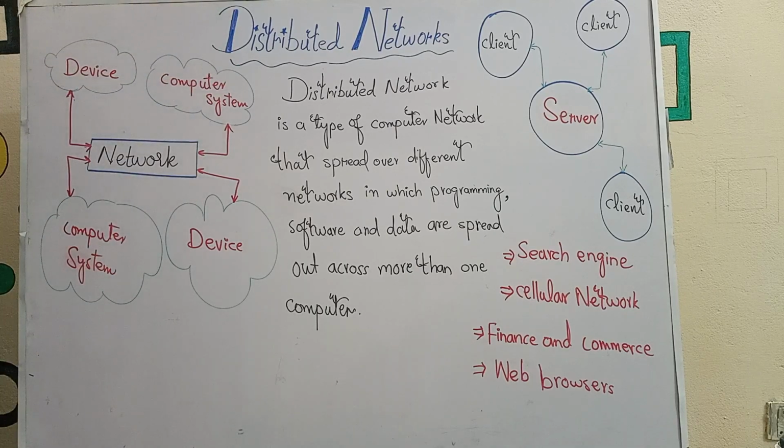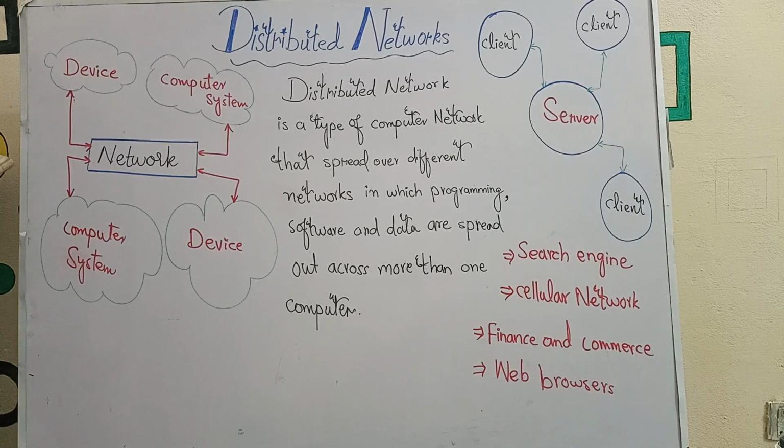Here on the right side of the board you can see a server and some clients. That is an example of a distributed network. How it works, friends: the server is the producer of a resource, and these interconnected devices are known as clients. And what are clients?